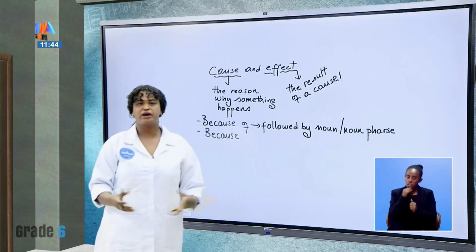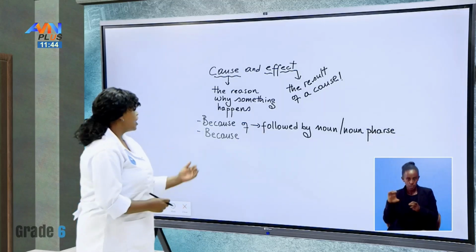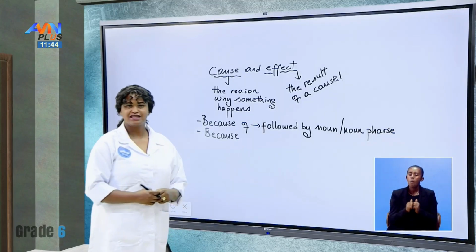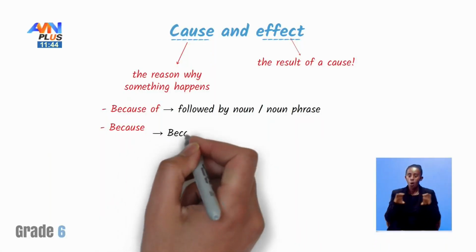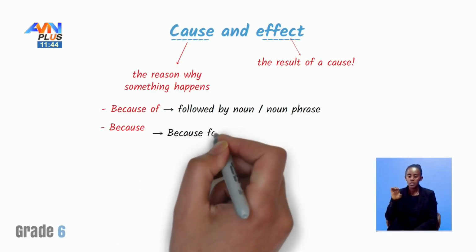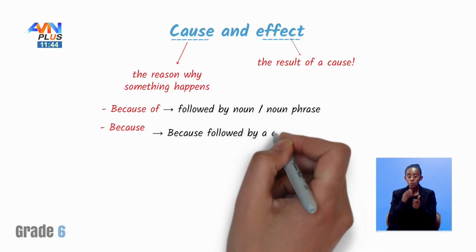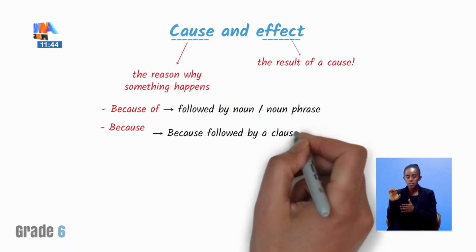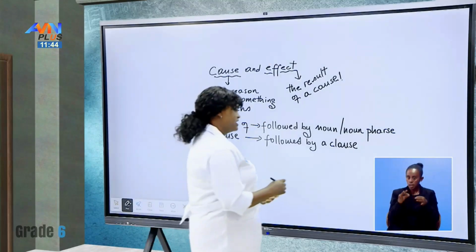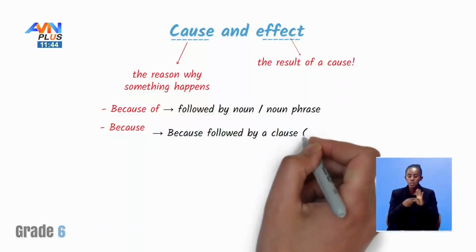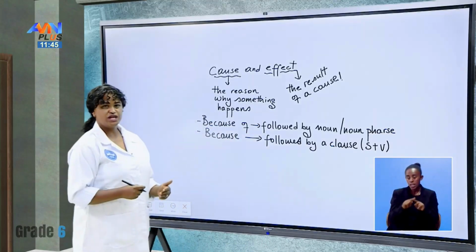It can be determiner or what we call the articles. Okay, how about because? Because is followed by a clause. What do we mean when we say a clause? Think about the simple sentences that we have seen. Yes, a clause, which means subject plus verb. This is the difference between these two.